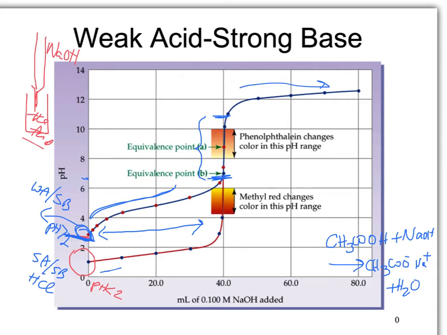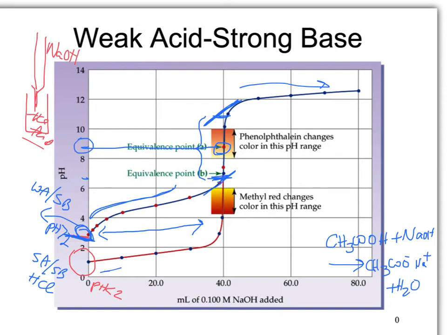So you would draw a tangent about here, the point where it starts to flatten out, and right here, and then you'll get the midpoint there. And that point is going to be the equivalence point in this range, which is denoted right here by point A. And notice, if you read that on the curve, that value is no longer 7.